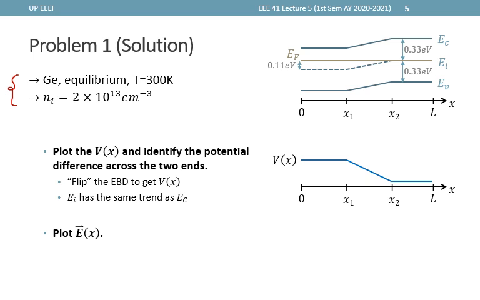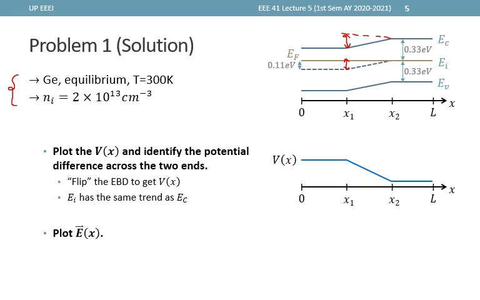So here we know that Ei has the same trend as EC, and therefore, if we want to know how much EC has increased in this linear region, then we can also look at how much Ei has increased in that linear region. So those two energy differences must be equal, and it would be easier if we note the value from Ei since it is closer to the flat line EF.